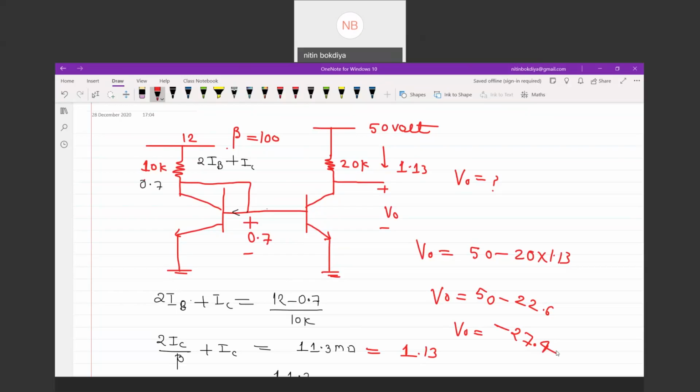Minus 27.4 is the value of V out. So they are interested in the value of V out, and V out for the circuit is minus 27.4.